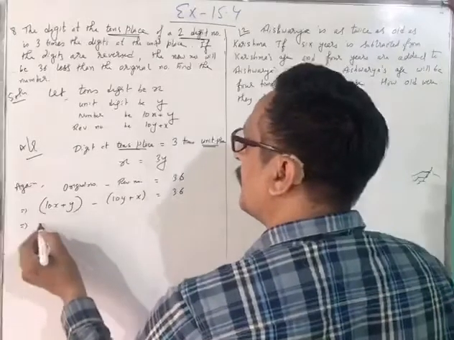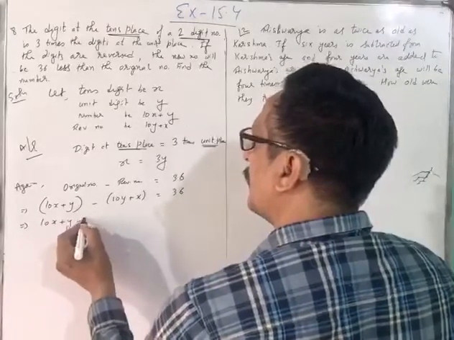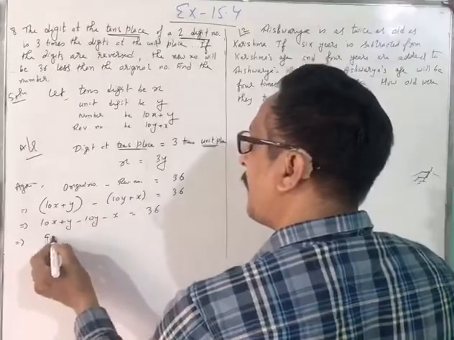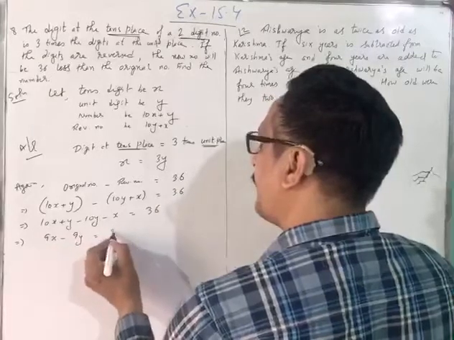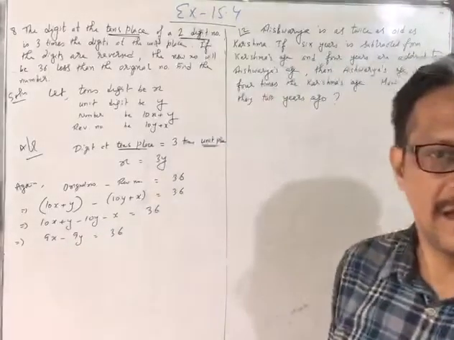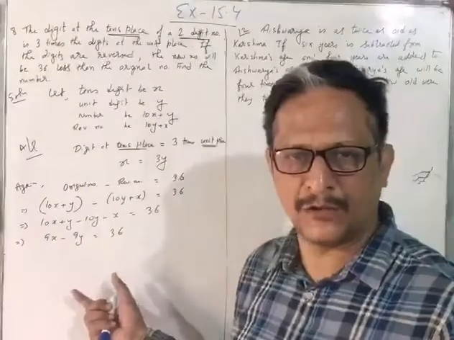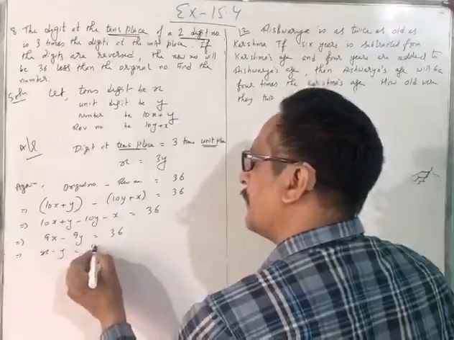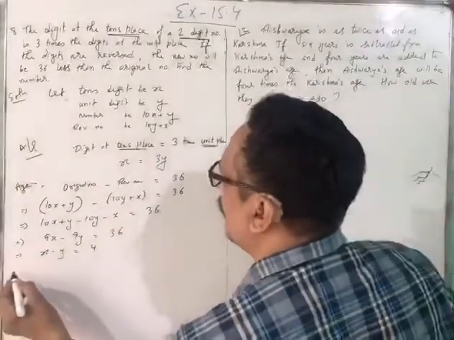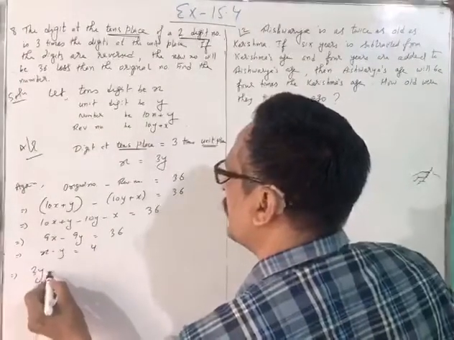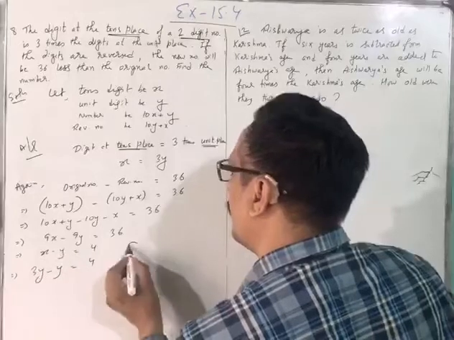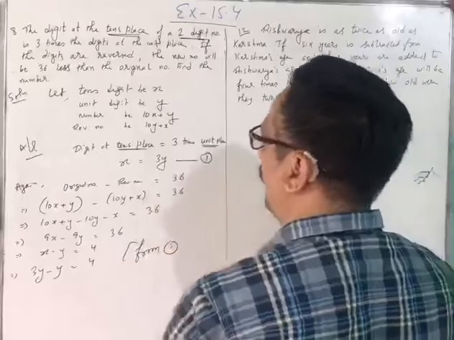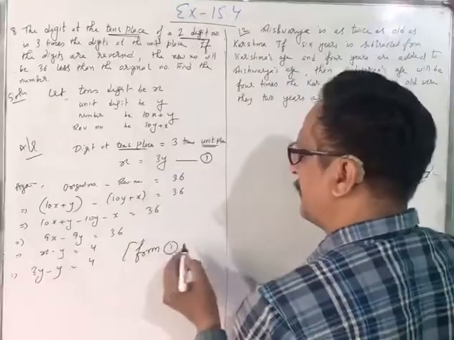So now by solving, taking 9 as common on both sides, you get x minus y equal to 4. Now putting the value of x from equation 1, this is equation 1, we put the value of x. Clear?